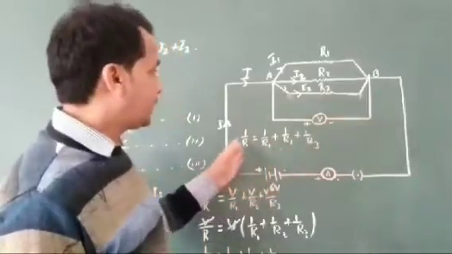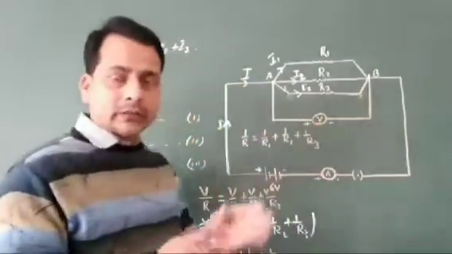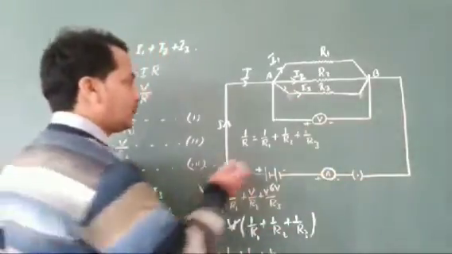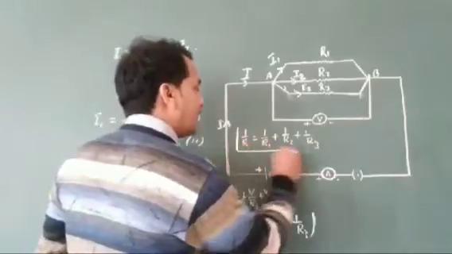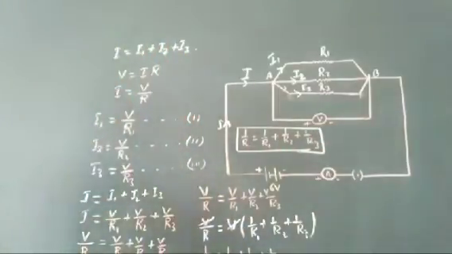So the reciprocal of the equivalent resistance is the sum of the reciprocals of the given resistors. Then 1 by R equals 1 by R1 plus 1 by R2 plus 1 by R3.